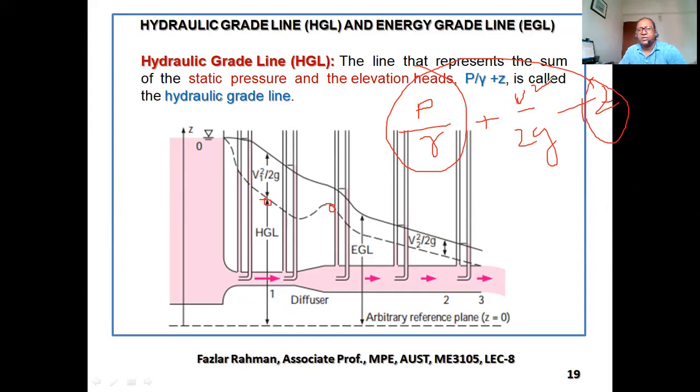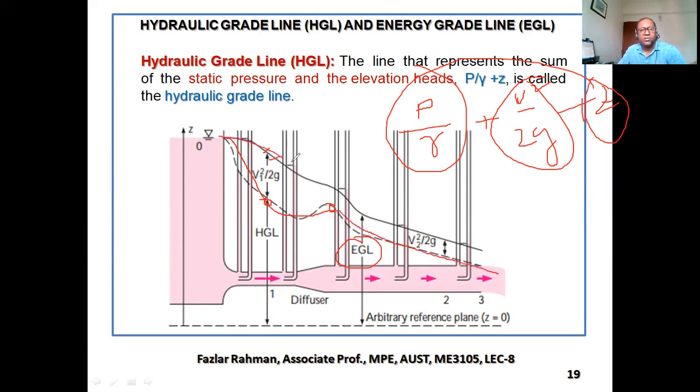But V square by 2G, we didn't add that one, right? Then you put V square by 2G, that will be this line. So this line is called energy grade line. That means this line actually represents all three. First you put P by gamma plus Z, you'll get one line, the bottom one with dotted line.